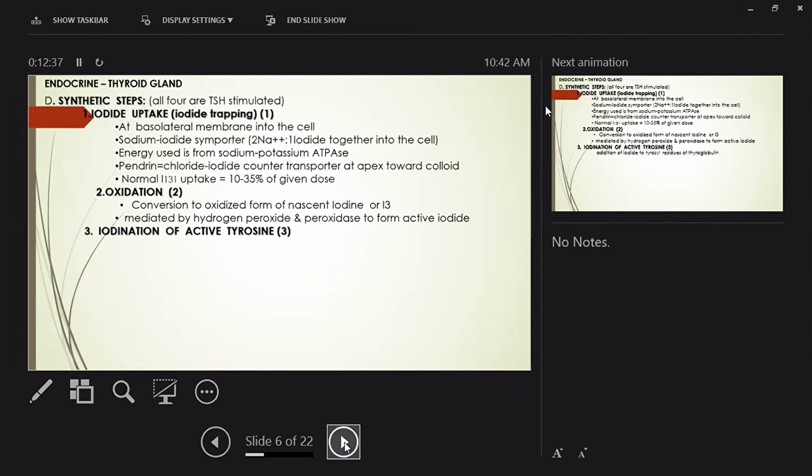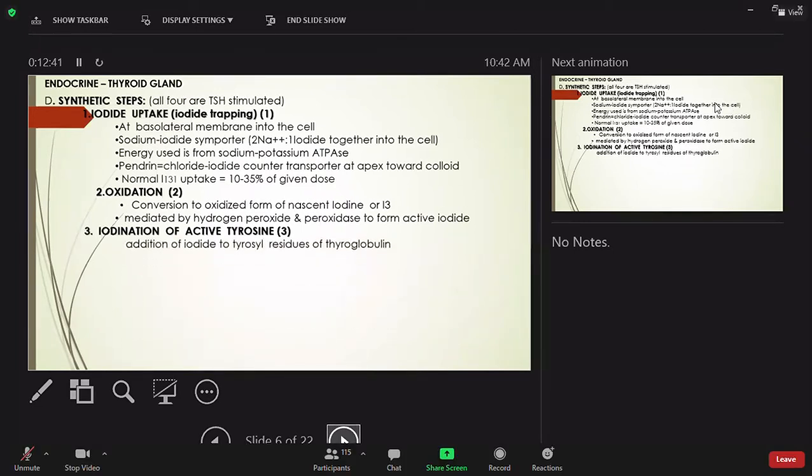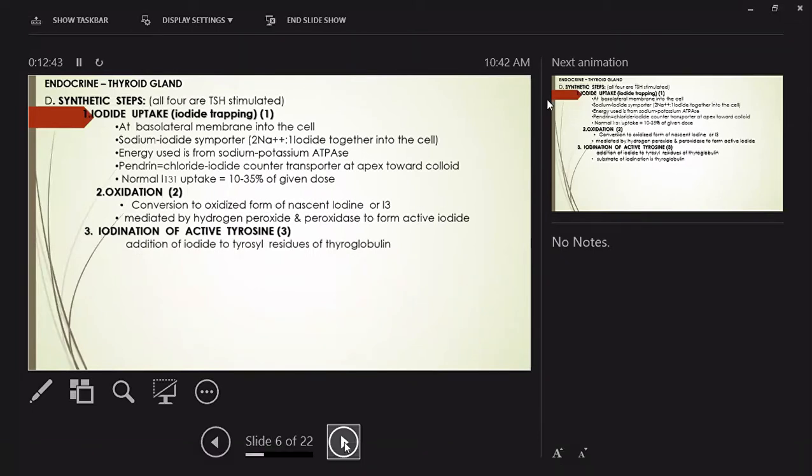So iodination: your tyrosine is in the colloid and the thyroglobulin. Iodination of active tyrosine is the addition of iodide to tyrosyl residues of thyroglobulin. The substrate of iodination is your thyroglobulin.